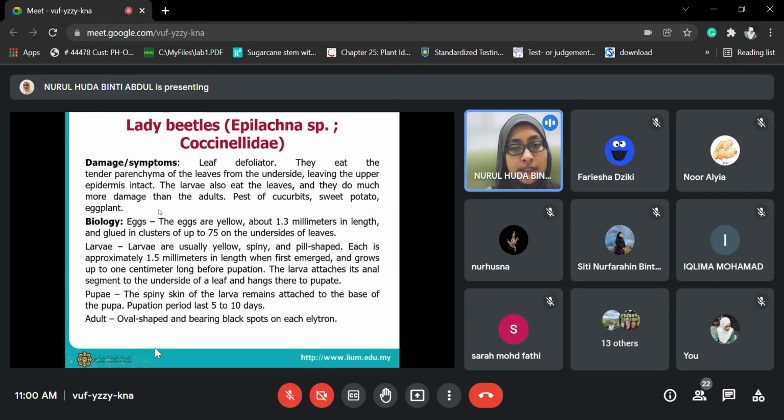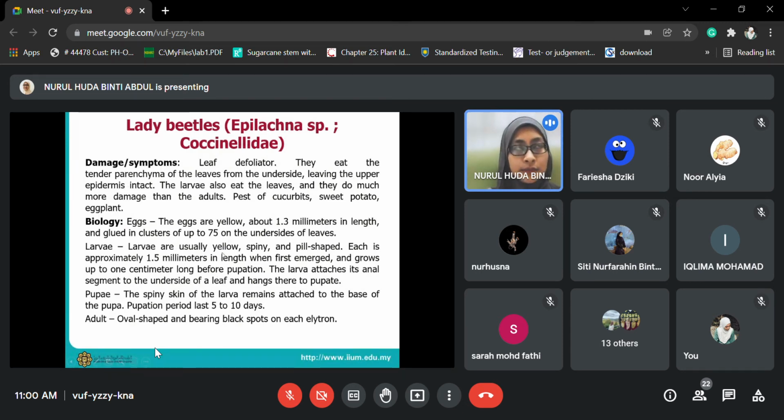And for the biology, the eggs are yellow in color, about 1.3 millimeter in length, and glued in clusters. The cluster can be up to 75. This is a very extreme number, 75. Usually it's less than that, on the underside of the leaf.